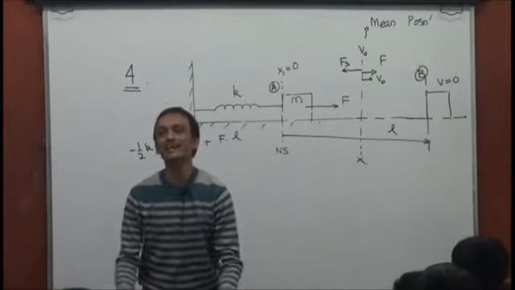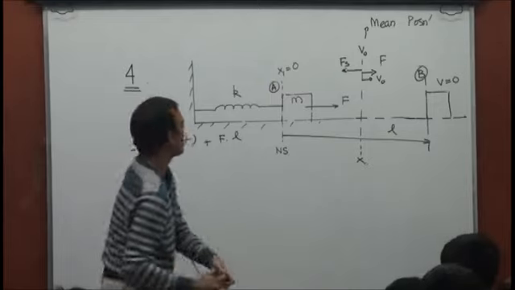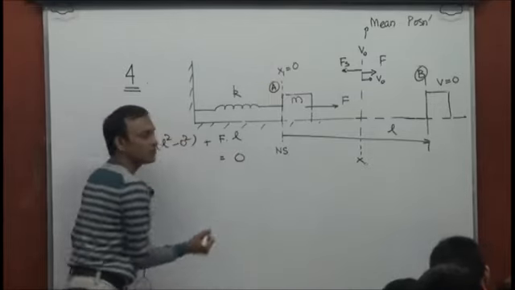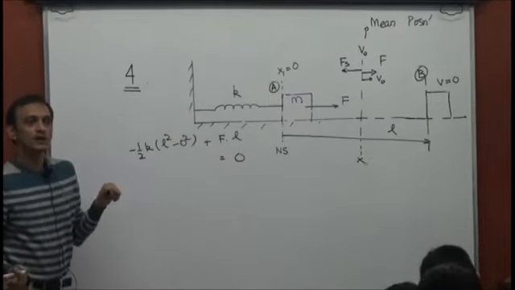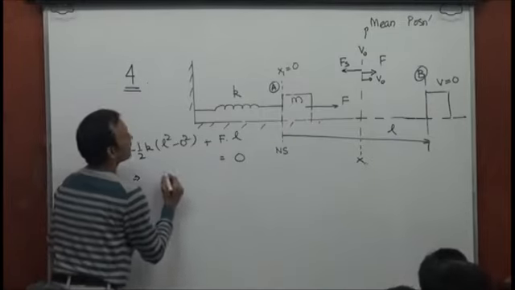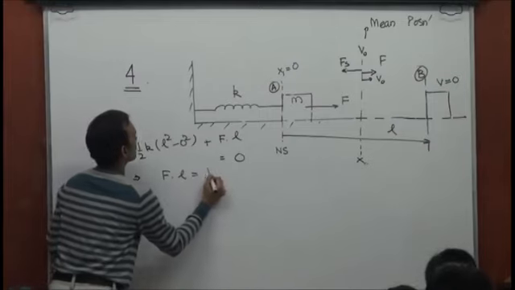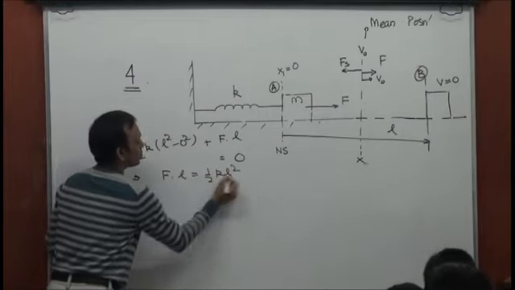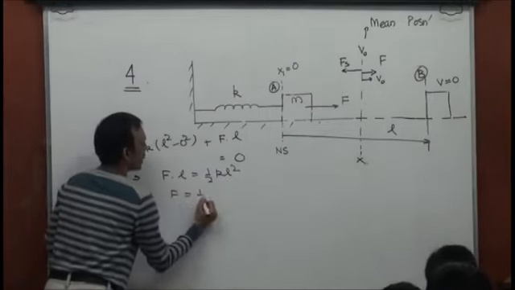So the change in kinetic energy is 0. So yes or no? So that gives F into L is half K L squared, or F is half K L.